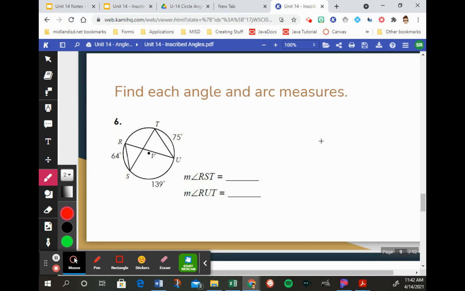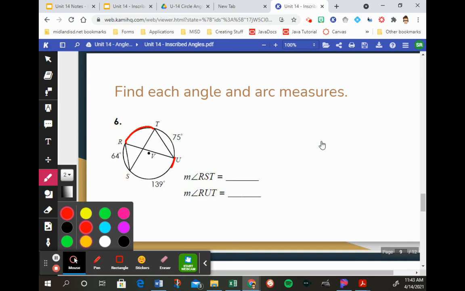Well, what about this one? Let's see. Angle RST, this one right here, and angle RUT, this angle going around this way. This one's easier to find.